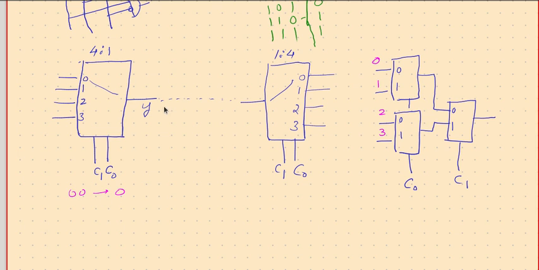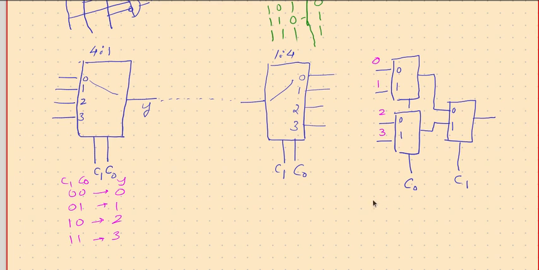Now if it is 0 0, line 0 gets to Y. If it is 0 1, line 1 gets to Y. If it is 1 0, line 2 gets to Y. And if it is 1 1, line 3 should come to Y. Right. So this is C1, this is C0. So C1 is 0, C0 is 0.